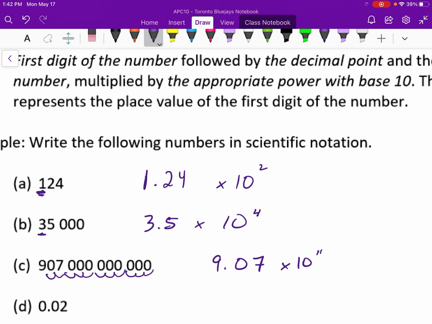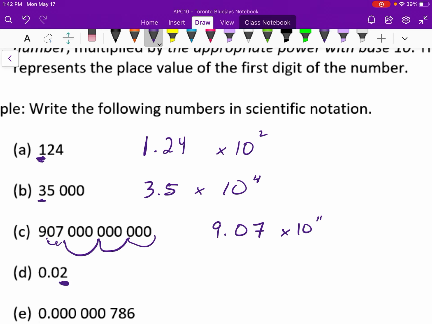See, that's a big number. If you had 9.07 times 10 to the power of 11, you'd be rich. So I'm going to just do that again by counting up by fundamental groups. Thousands, 3, millions, 6, billions, 9, 10, 11.